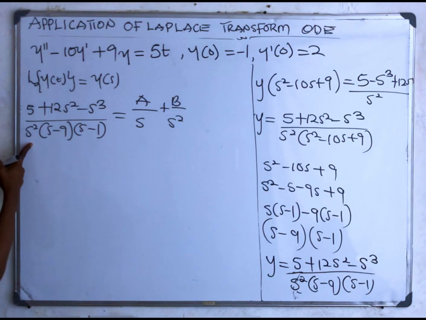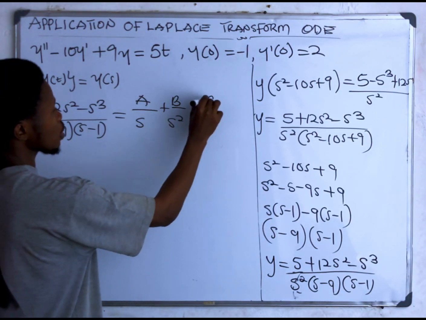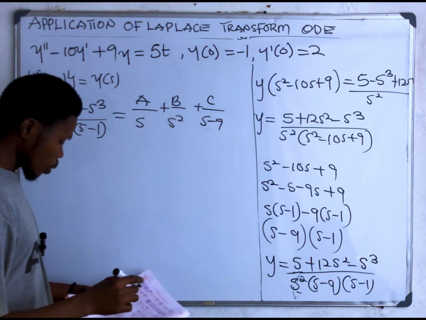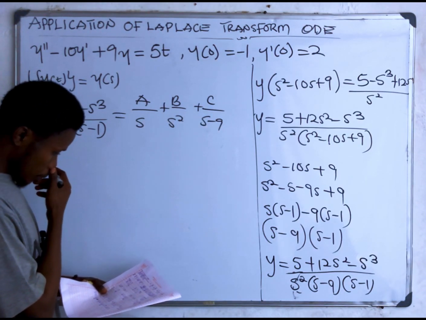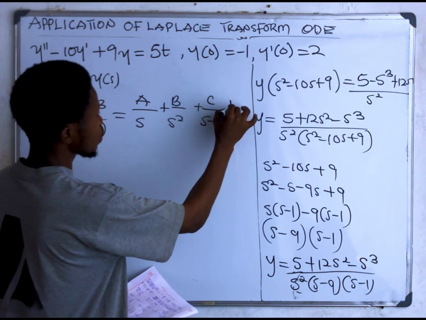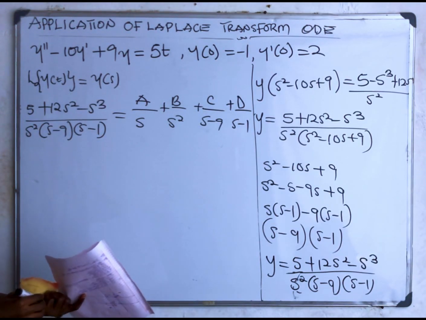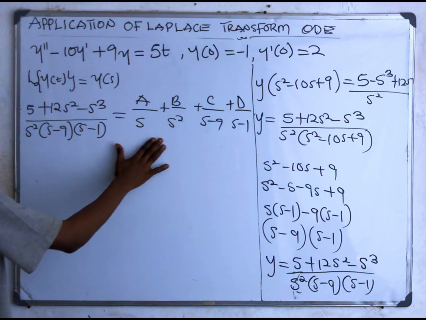That is when it's repeating. That's how you do it. Before you come to C over s minus 9, then D over s minus 1. Is that okay? So this is what I have for it.